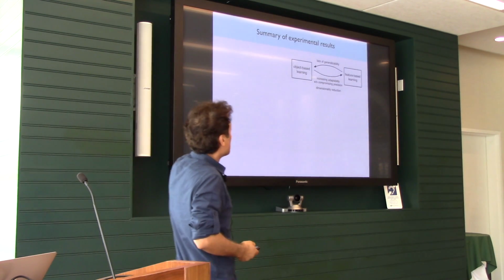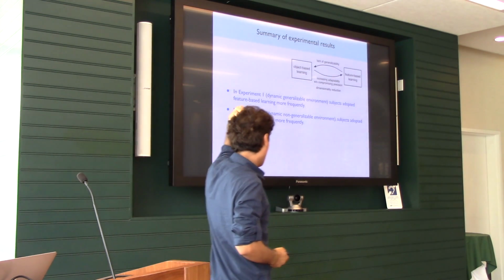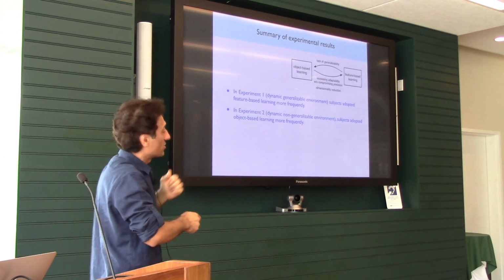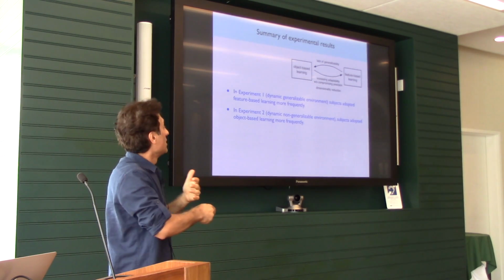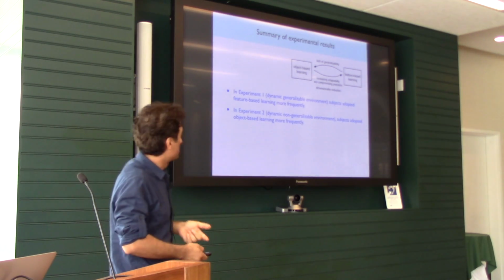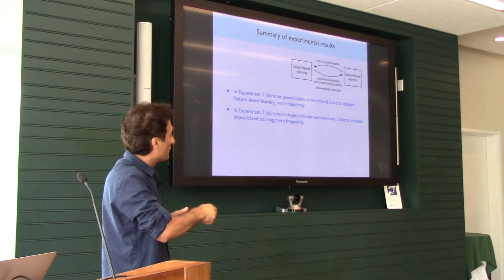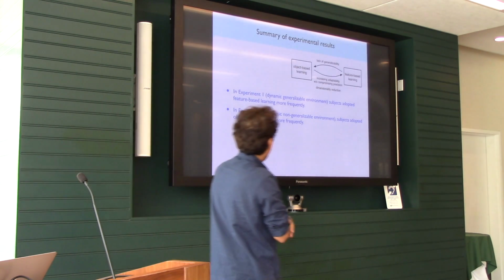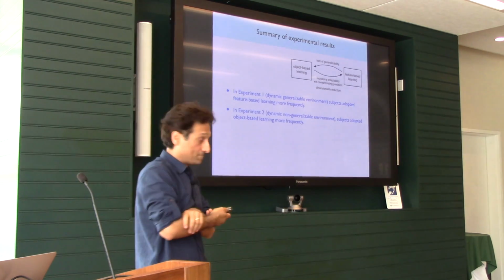So anyway, this is a summary of the experimental data. In experiment 1, when you have a generalizable environment and it's dynamic, subjects use feature-based learning to mitigate the adaptability-precision trade-off. When you introduce non-generalizability, people actually adopt object-based learning.